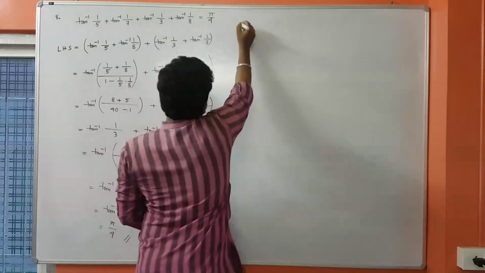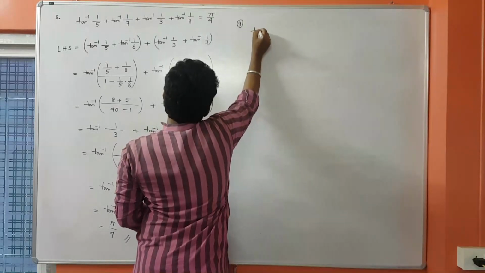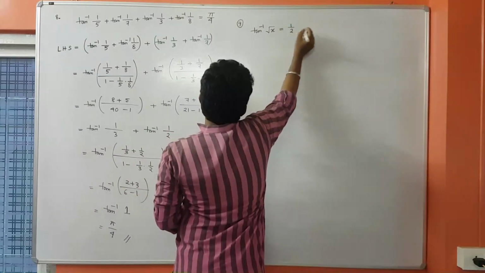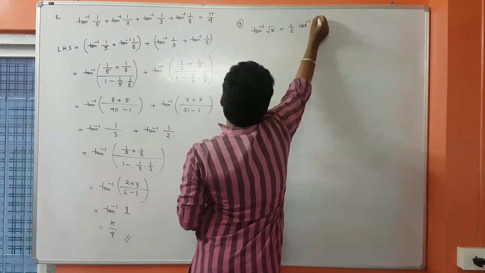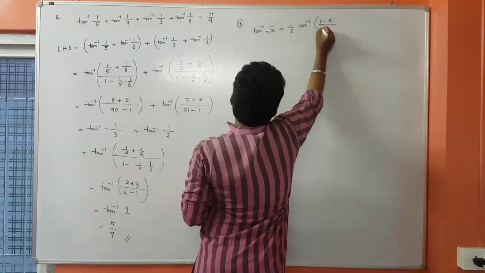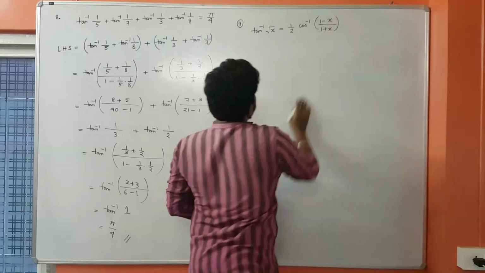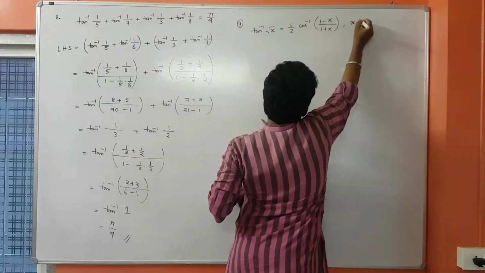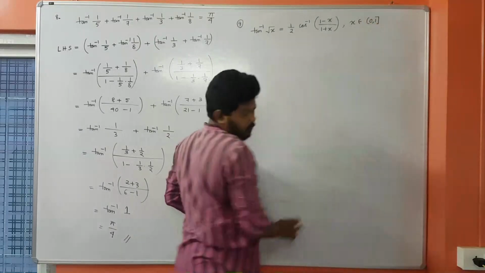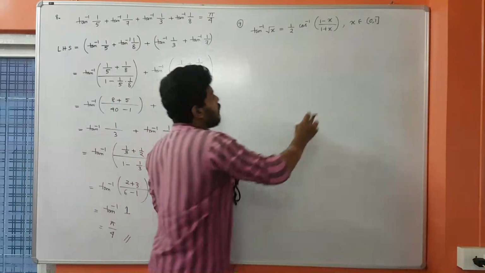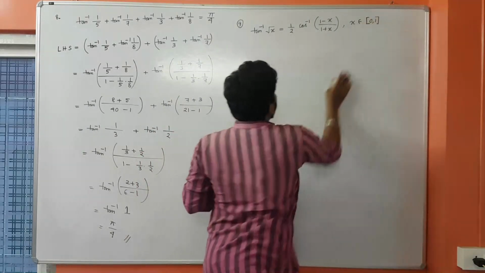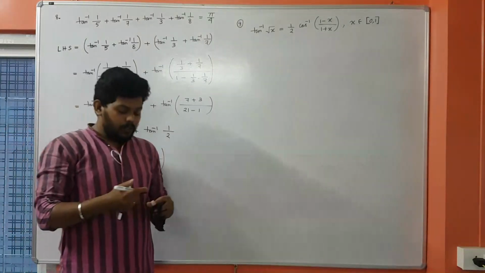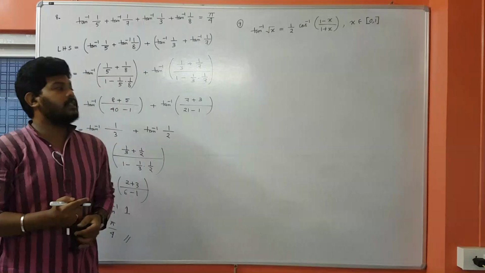It is given, prove that tan inverse of square root of x is equal to half into cos inverse of (1 minus x) by (1 plus x), where x belongs to (0, 1). You are given tan inverse of root x is equal to half times cos inverse of (1 minus x) by (1 plus x).